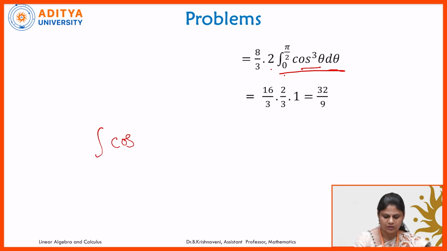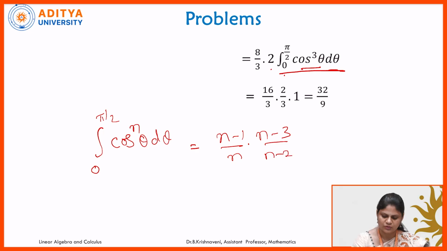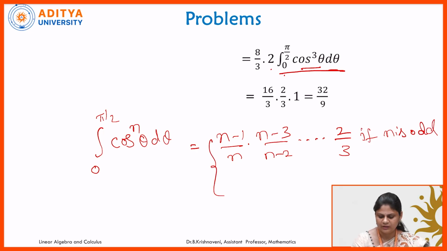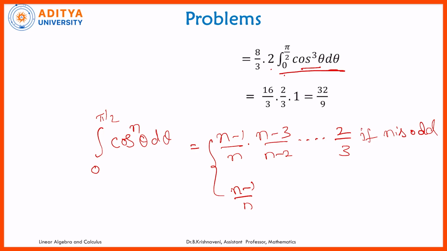Integral cos power n theta d theta, limits from 0 to pi by 2, the value of this is equal to n minus 1 by n into n minus 3 by n minus 2, and so on up to 2 by 3 if n is odd, and n minus 1 by n into n minus 3 by n minus 2, and so on up to 1 by 2 into pi by 2 if n is even. We can apply this to find out the value.